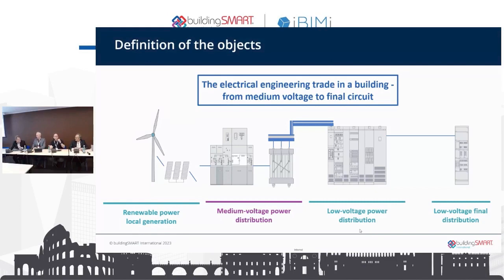And in the end, we always have connections to different trades, because every trade needs a power supply, and we also need to regard the power consumption in our engineering processes. So you see the overlapping. But in the first step, we regard just the internal power distribution system, and step by step we need to extend it.